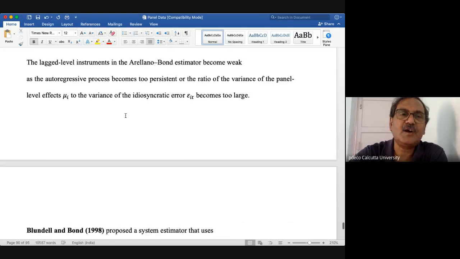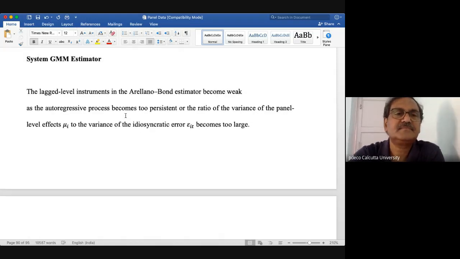The basic logic was the lag level instruments in the Arellano-Bond model. In the Arellano-Bond model, we have taken lagged values of the variables as instruments: yi0, yi1, yi2, etc. All the past lag values are considered as instruments. Okay.